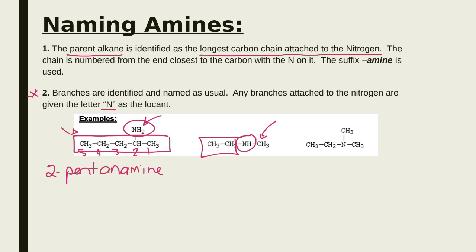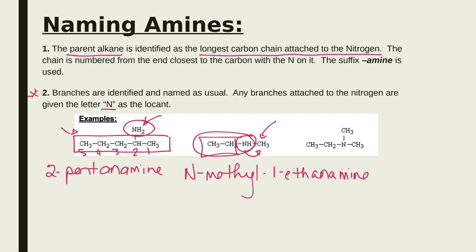What this means is that we're not numbering the other side of the nitrogen. We're just saying that attached to this nitrogen, I have a methyl group. And so we name it like this, N-methyl, with a dash. And then the parent that is left over is a 2-carbon ethanamine, and the nitrogen is on carbon 1. You could say 1-ethanamine if you wanted to, but you don't have to here, because with a 2-carbon parent, it can only be on carbon 1.